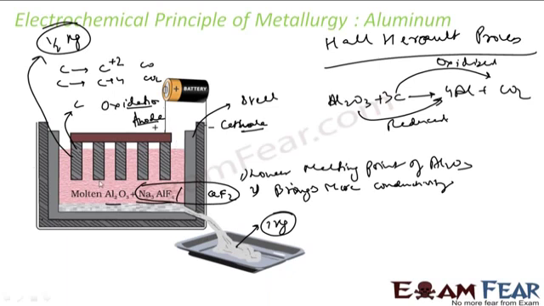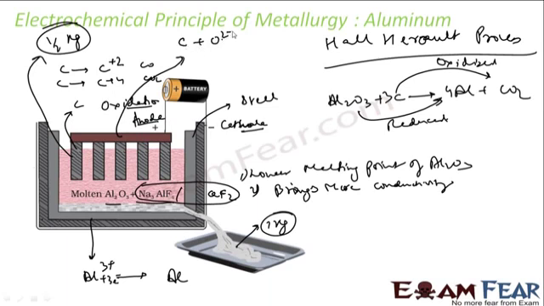So the typical reaction at the cathode: the aluminum in Al2O3 is in the +3 oxidation state, it becomes Al, and it takes 3 electrons from this battery. Similarly, at the anode, where oxidation is taking place, carbon will react with oxygen in the -2 state.